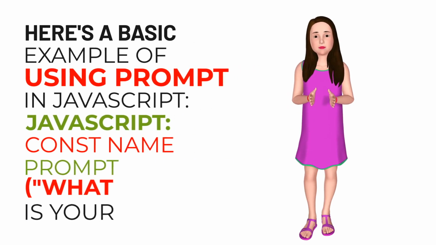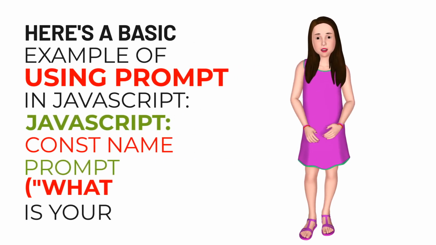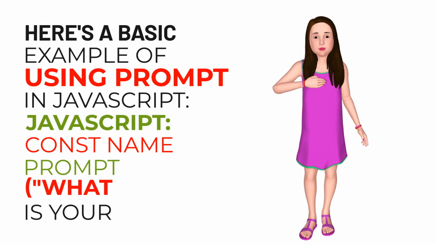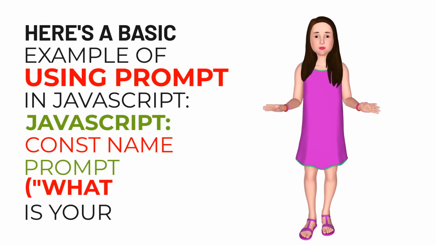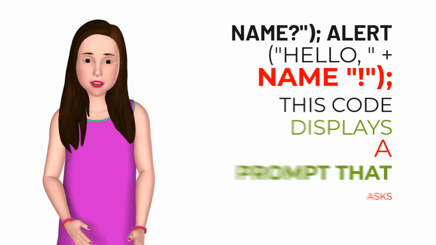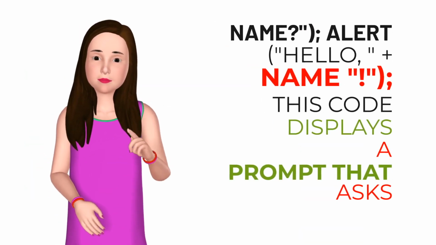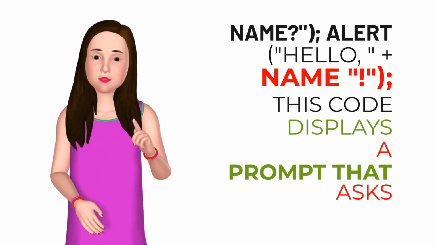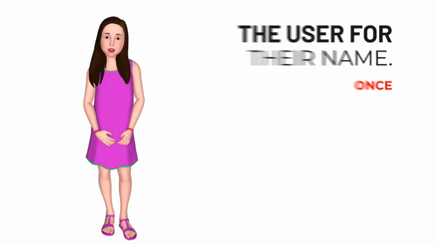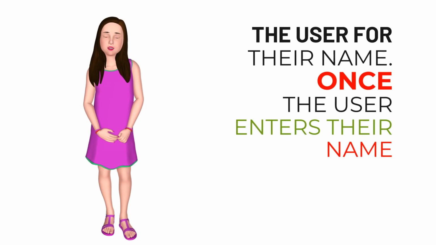Here's a basic example of using prompt in JavaScript. const name = prompt("What is your name?"); alert("Hello, " + name); This code displays a prompt that asks the user for their name.